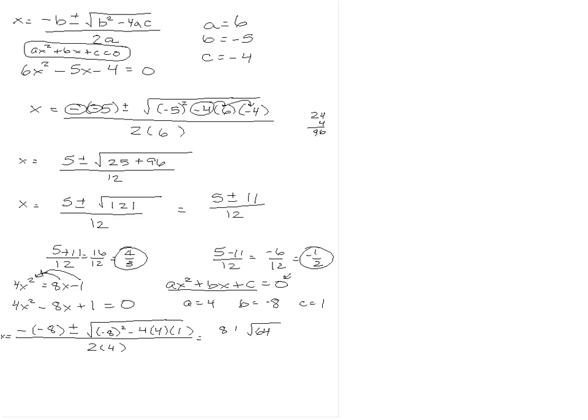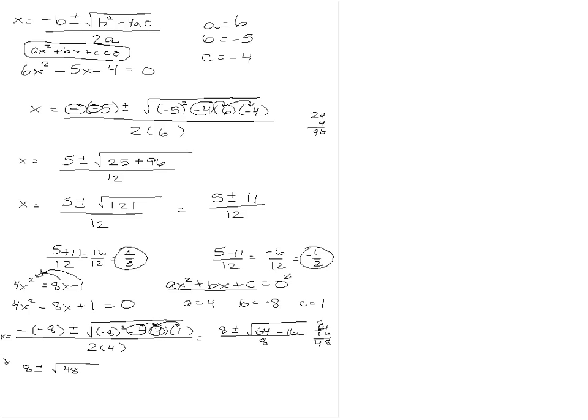Now, -4 times 4 is -16, and -16 times 1 is -16, all over 8. I'm going to come down here, which gives me 8 plus or minus the square root of, what's 64 minus 16? 48, all over 8.